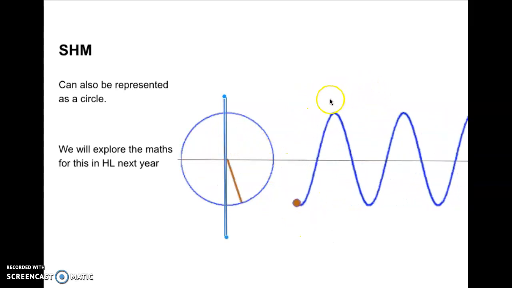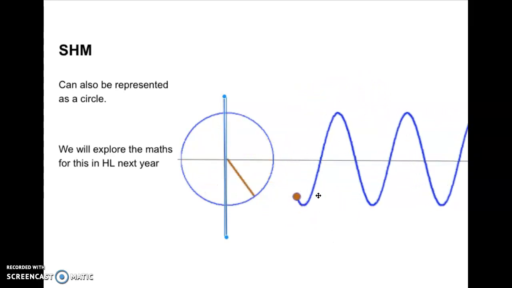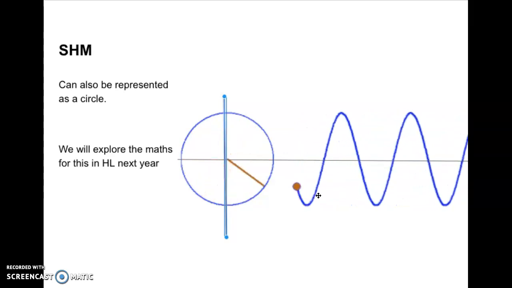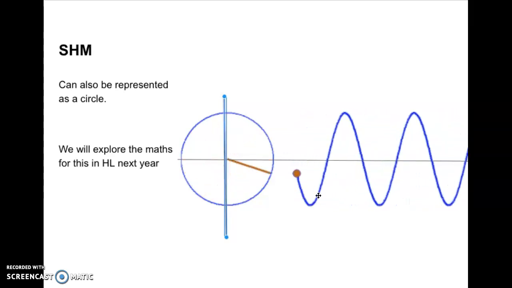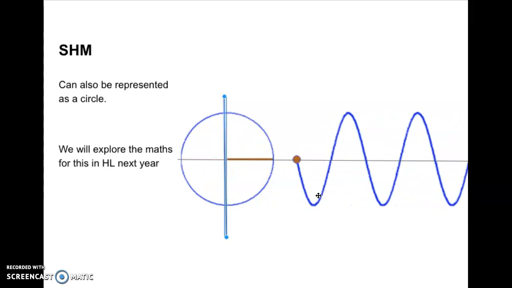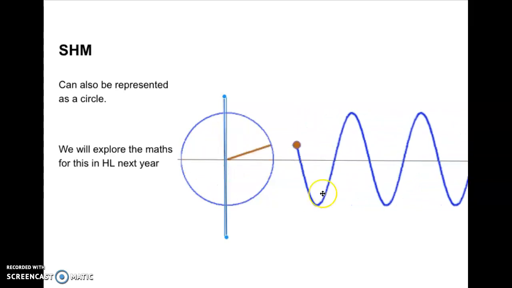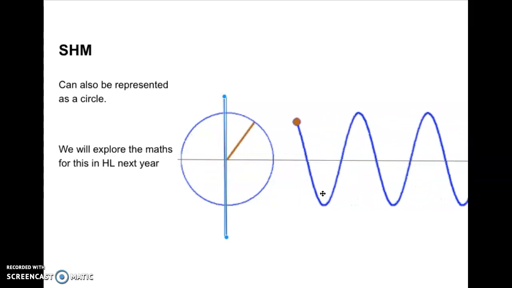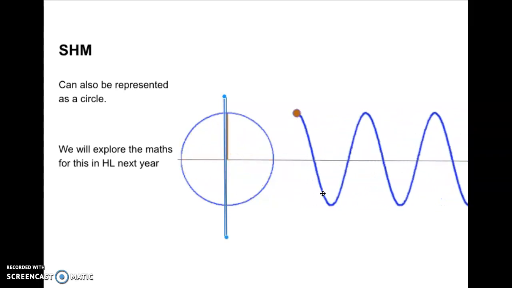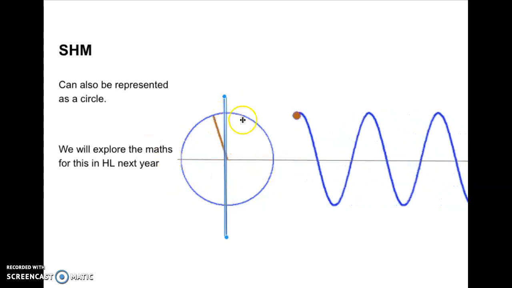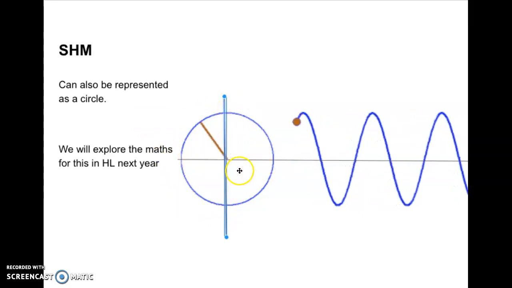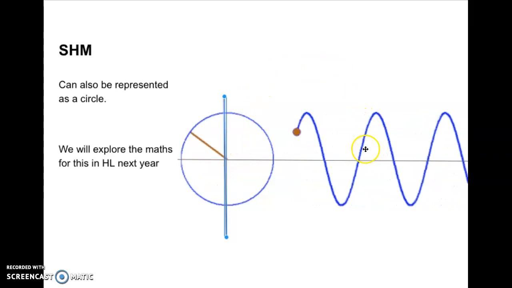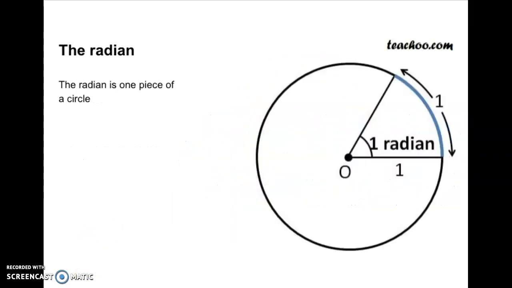So this oscillator, this trace, this graph, is actually a reflection of that motion in a circle in the y direction. It's not something you need to understand to a high level, but this should allow you to see why we can use circles and the way we describe circles as a way to represent the way an oscillator is moving.